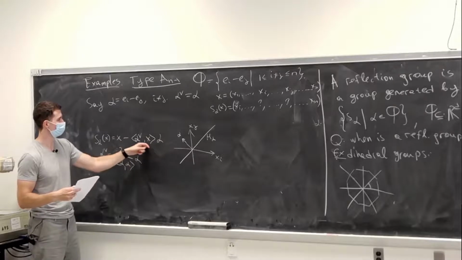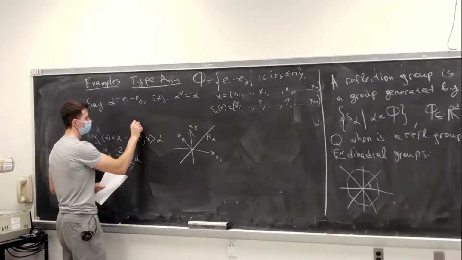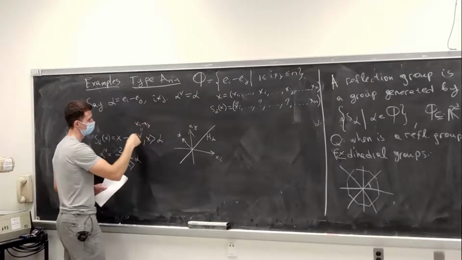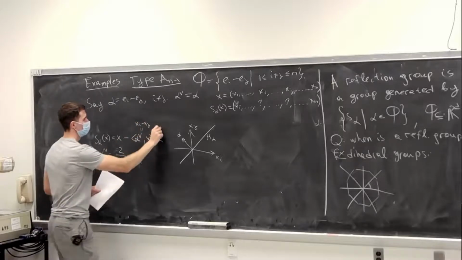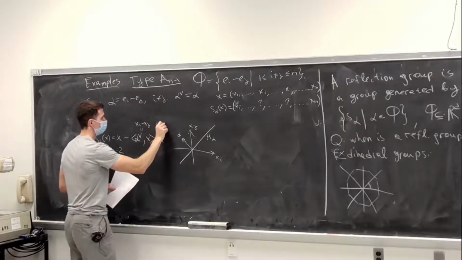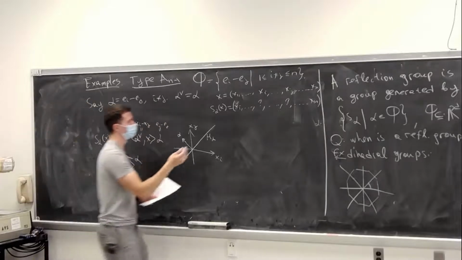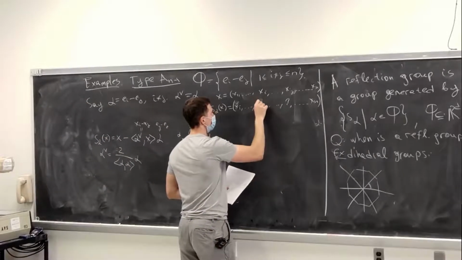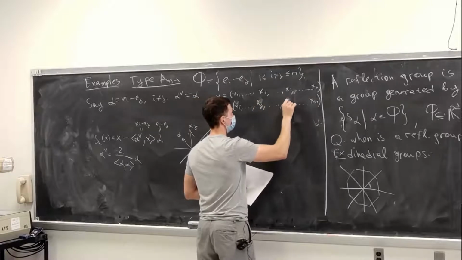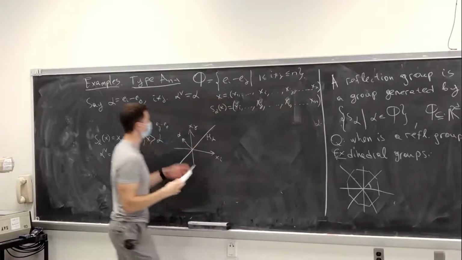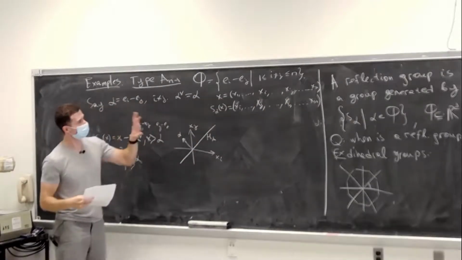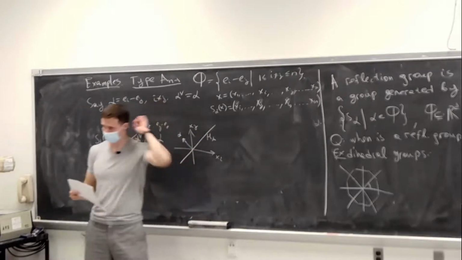This dot product is xi minus xj, and this is e_i minus e_j. So you can algebraically also find that you just get xj, and you just permute: the reflection s_alpha just permutes the two corresponding coordinates.